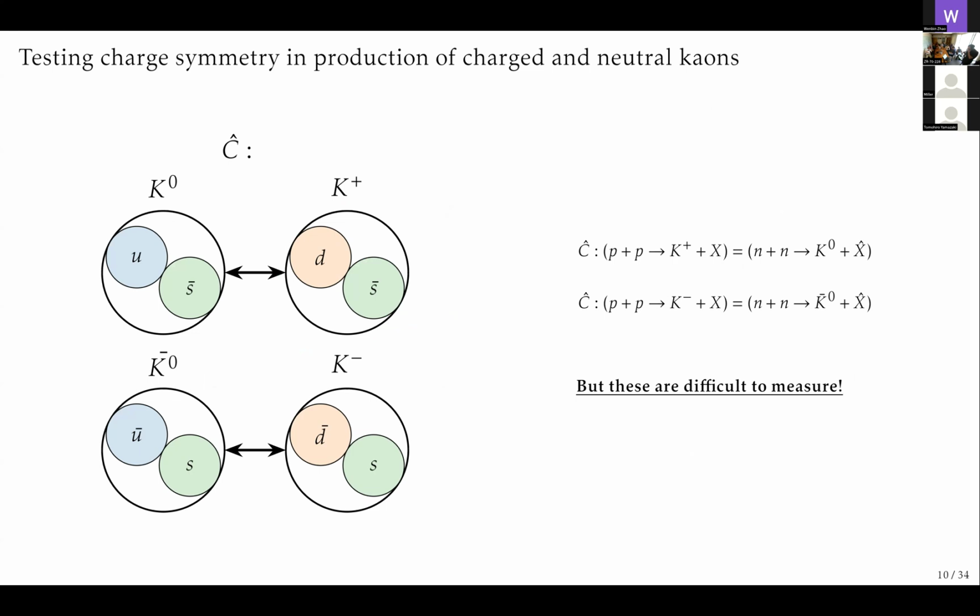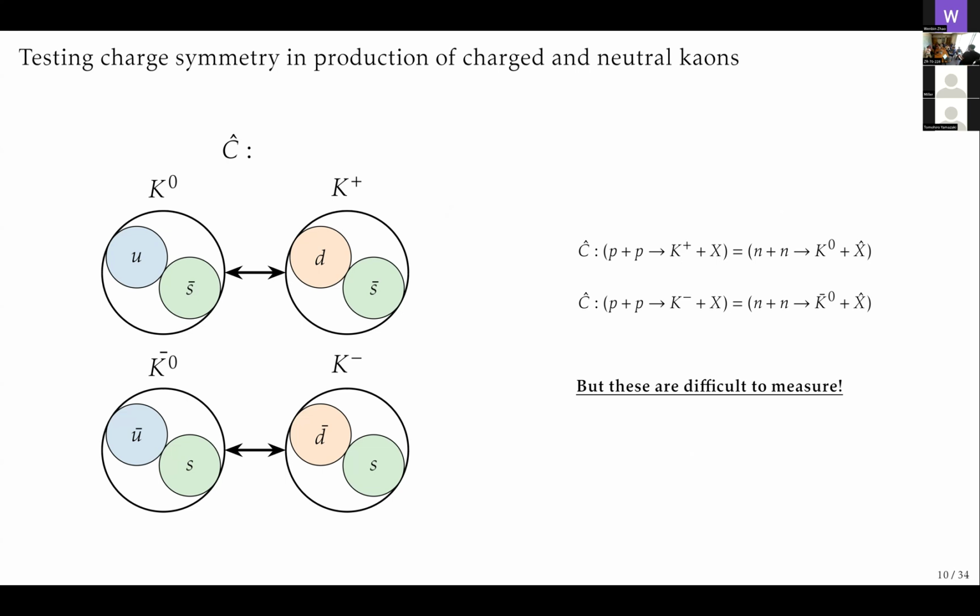Then we can try to think how to test the charge symmetry in production of charged and neutral kaons. So we have the charge symmetry transformation, and if we have a reaction of proton plus proton going into K plus and something, if we apply this charge transformation to this reaction, we have neutron plus neutron going to K0, and we can do the same with the K minus.